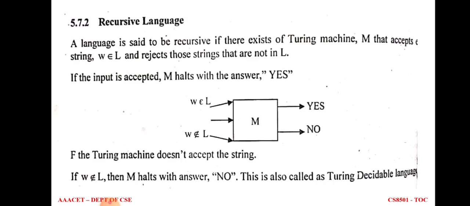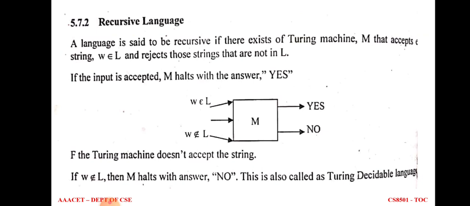So what is recursive language? A language is said to be recursive if the particular input string belongs to the language, then the Turing machine accepts that particular input string of the language and halts its operation with the answer of yes. If the input string W does not belong to the language, then the Turing machine halts its operation with the answer of no. So whatever may be, the input belongs to the language or not, the Turing machine should halt with the answer either yes or no. So this is the main difference between recursive enumerable and recursive language.